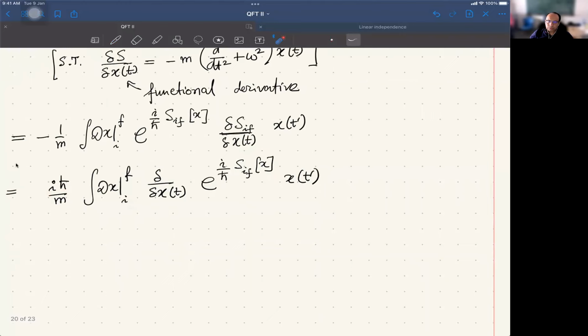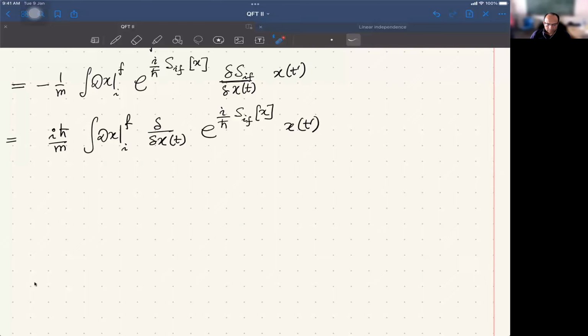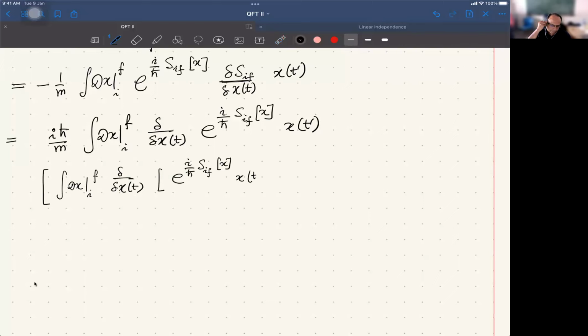Now you want to do an integration by parts. Now to proceed further, we shall assume the following result, that integral Dx_i^f δ/δx(t) of e^{(i/ħ) S_i^f[x]} times x(t') is equal to 0.